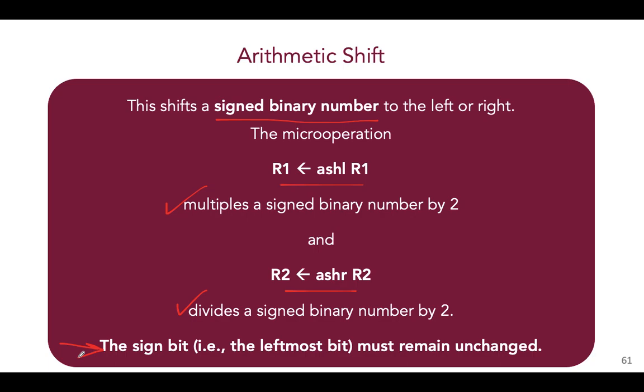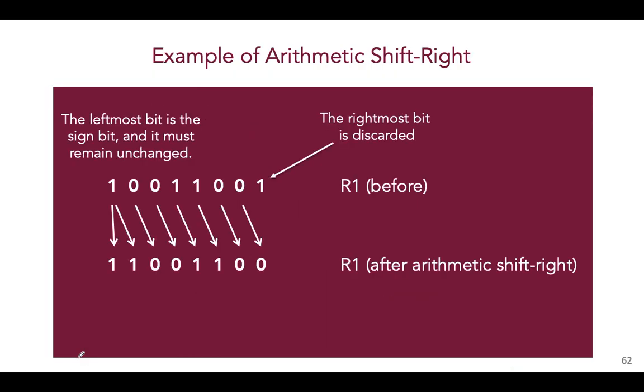So it's very important to note that in arithmetic shifting, first of all, it's for signed binary numbers. Second of all, it's corresponding to multiplication and division. And third, the sign bit should not change. Now, this is what arithmetic shift right is. Let's first start with right. Now, like I mentioned, the sign bit should not change.